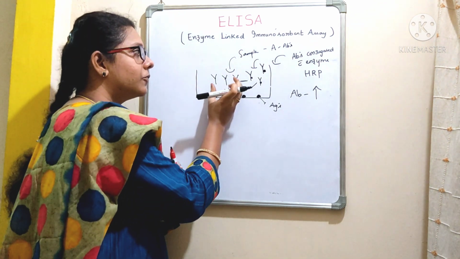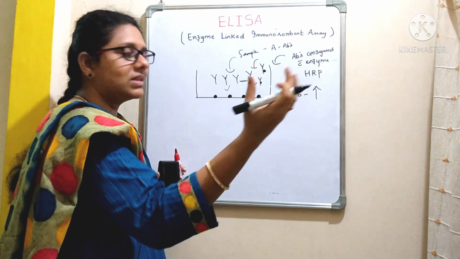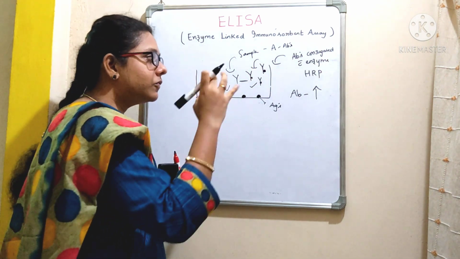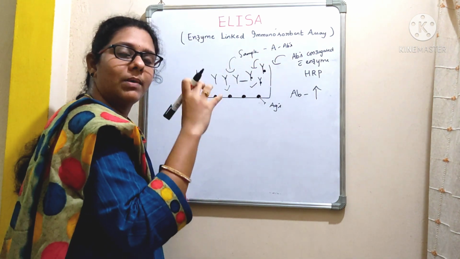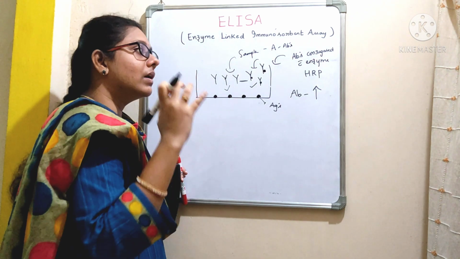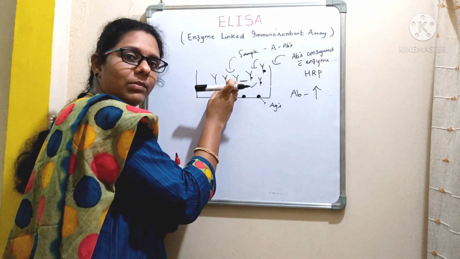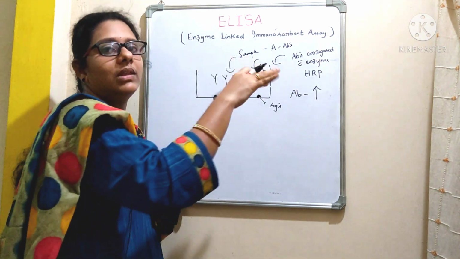If the patient sample has more antibodies, they will go and bind with the antigens. If the number of antibodies conjugated with the enzyme is less, and the sample antibody concentration is more compared to these, they will bind with the antigen and win the competition.